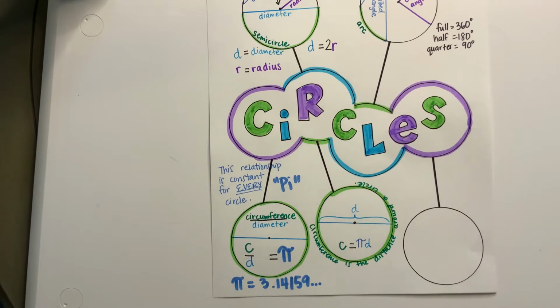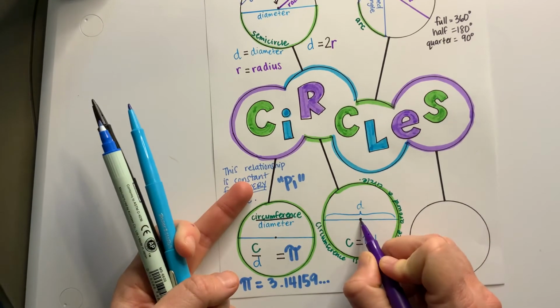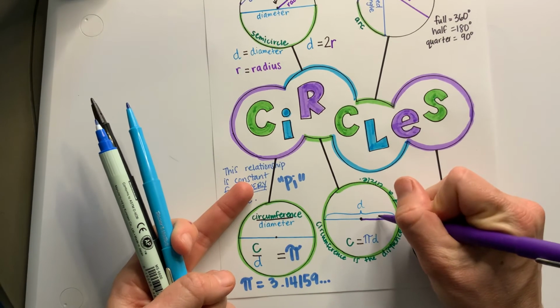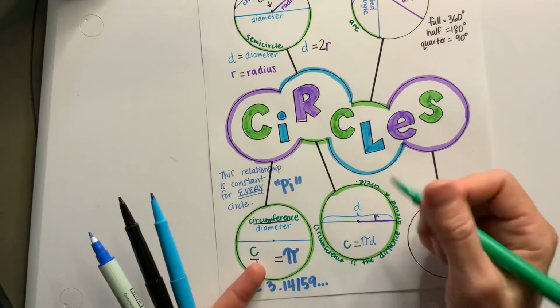And to think of it another way, because sometimes you're not going to know the diameter, sometimes you're going to know the radius, and you can figure out one if you know the other, obviously. But you can think of it in terms of the radius. So the radius being this measurement here, which is half the diameter. So put that R there, and we can substitute it in.